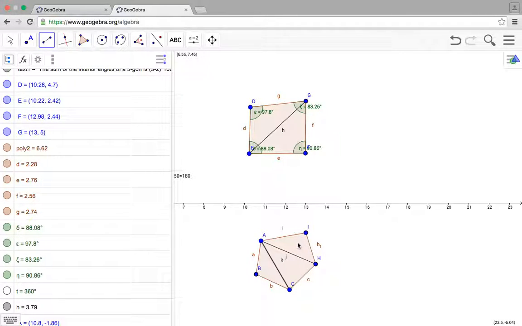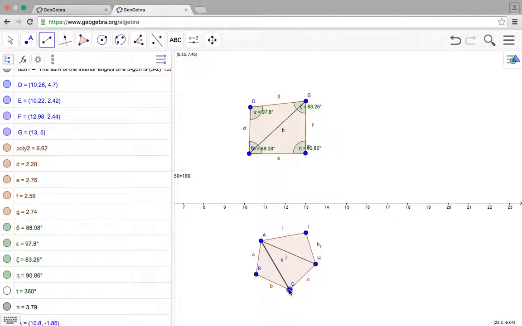So the sum of the interior angles will be 180 plus 180 plus 180. So that's one way of doing it. So 180 times 3 gives you 540 degrees. Or you could divide it, by mathematical induction, that would be true.